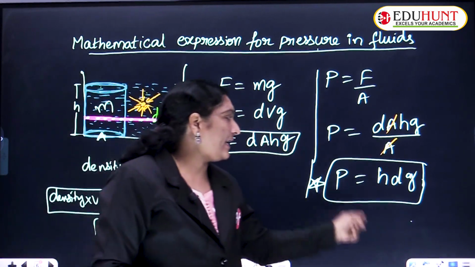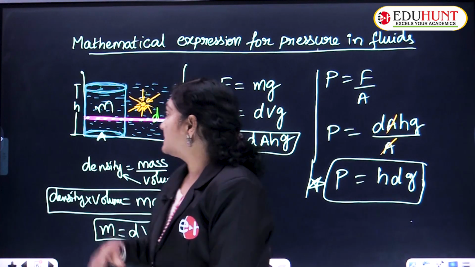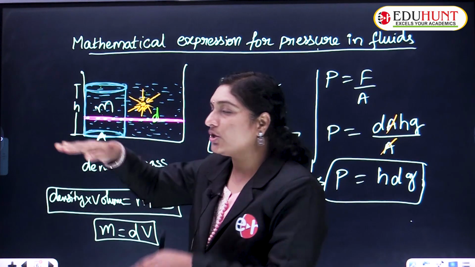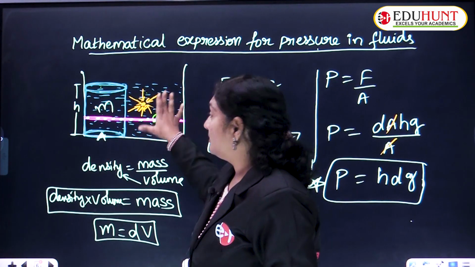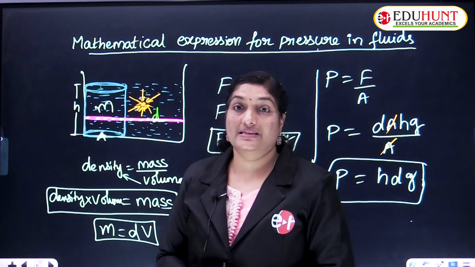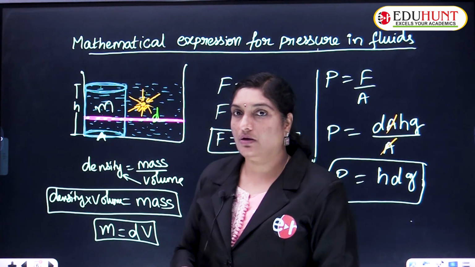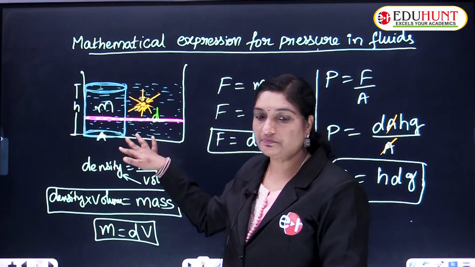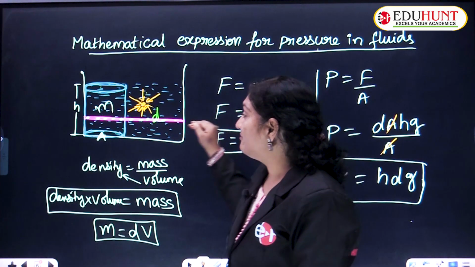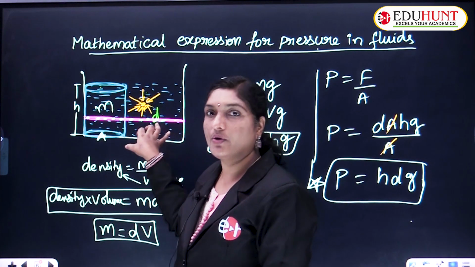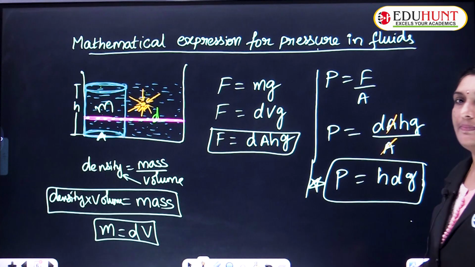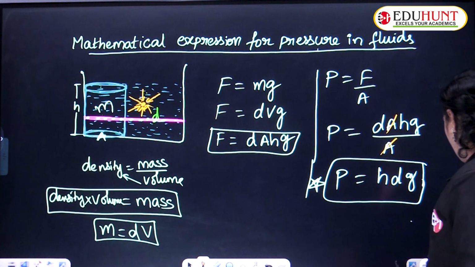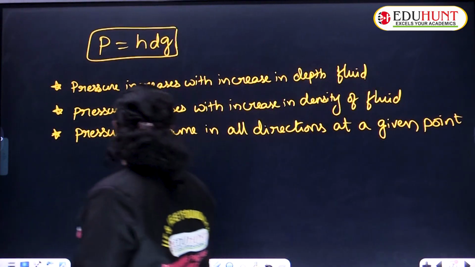Hence HdG is the same at every point on the same horizontal line of a liquid at rest, a static liquid, a liquid which is not flowing. So at every point on this fluid at rest, the pressure exerted will be the same. Let me write down the same, children.